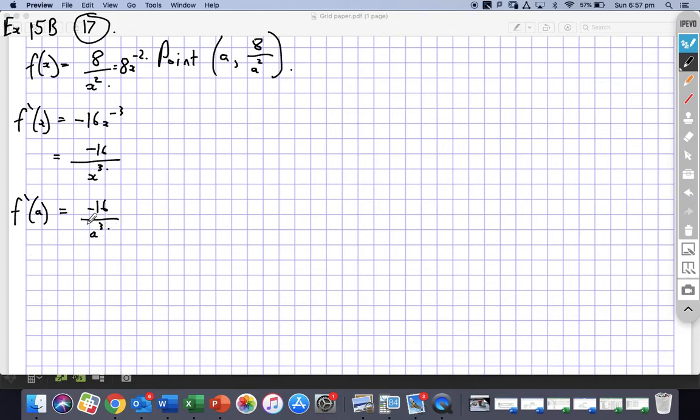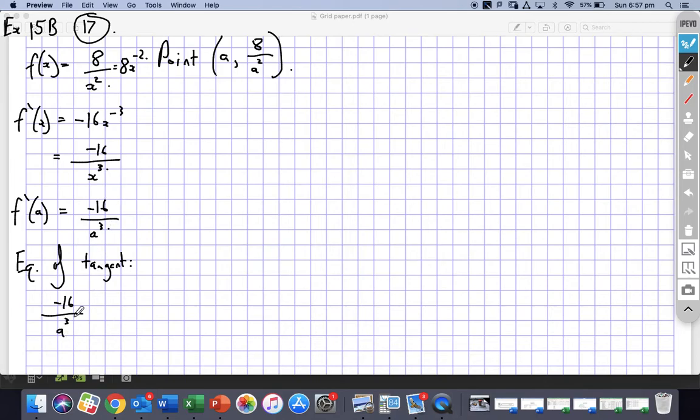So there's my gradient for any x value of a. So to come up with the equation for the tangent, which I should really write down, I'm trying to rush through this a bit. So you should lay your work out properly. We should say equation of tangent is simply just coming from the gradient expression. So it's minus 16 on a cubed.